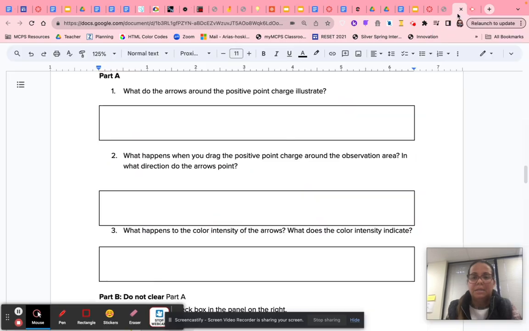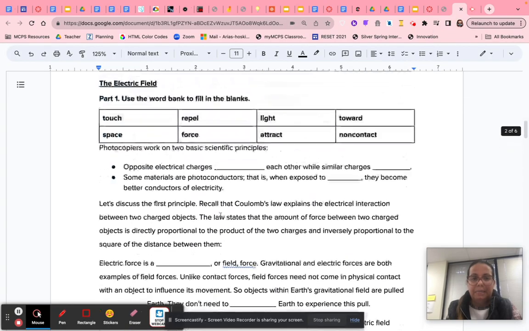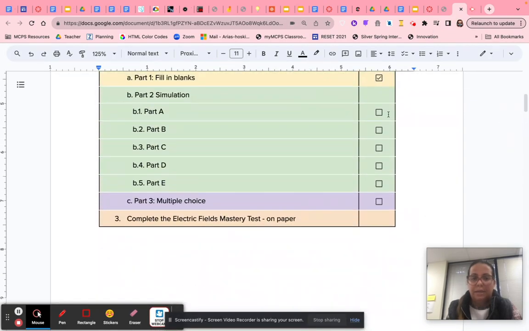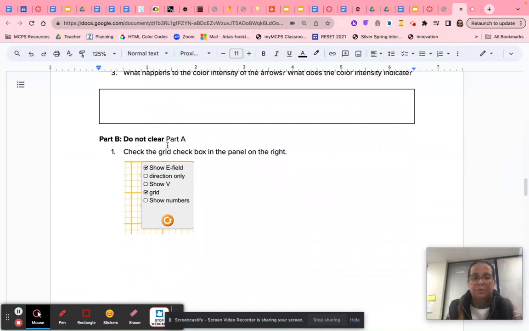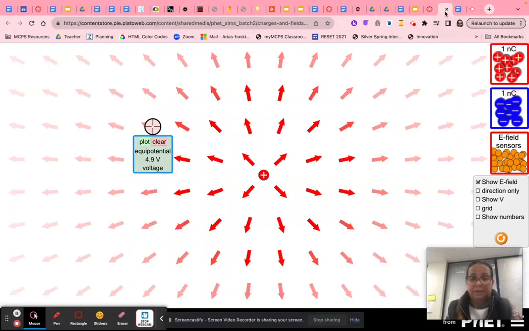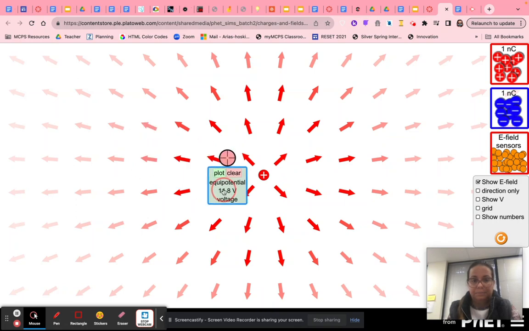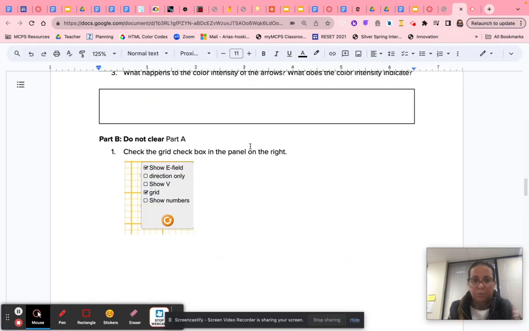Once you answer part A, you go back to the first page and make a check mark. Now, part B. You're not going to clear. You're going to leave everything as it is right now, okay? Make sure that this is on the center. Then it says, what would be the next thing?